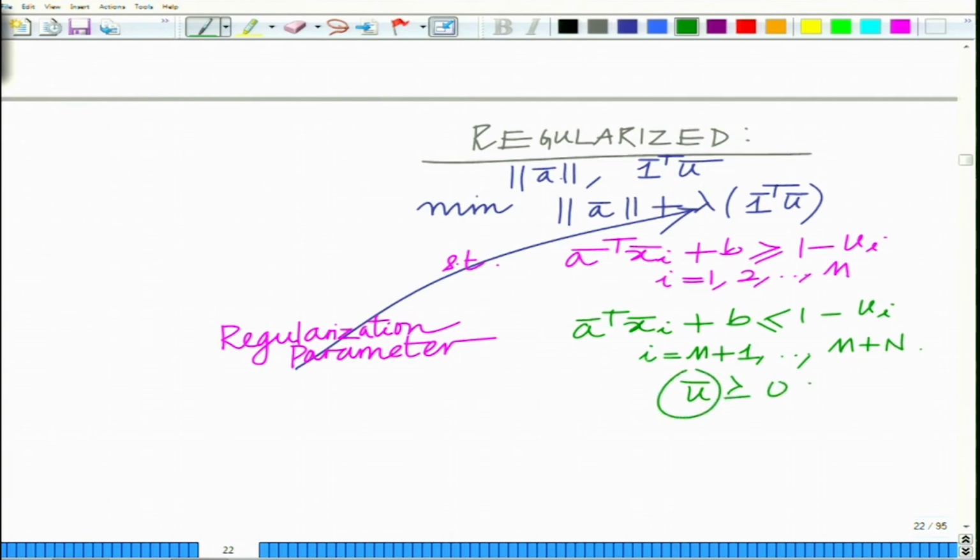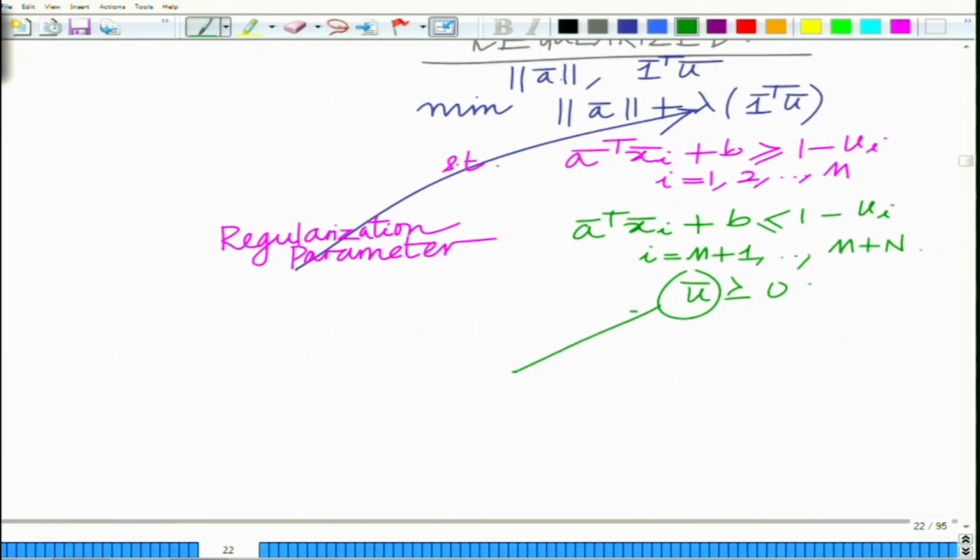Remember u bar is the slack vector, and each component of that represents the slack.